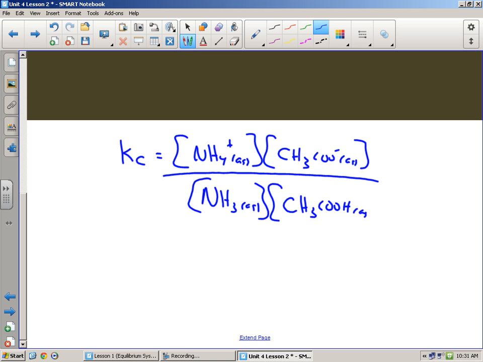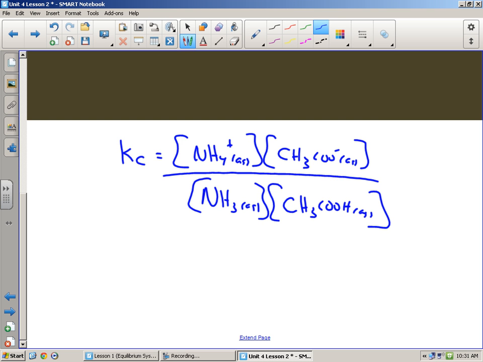CH3COOH aqueous, like so. Okay? So aqueous species are included in these equilibrium laws.